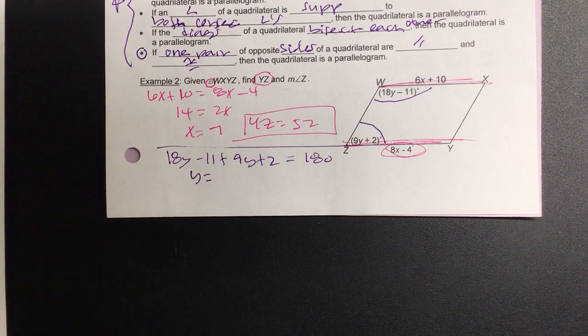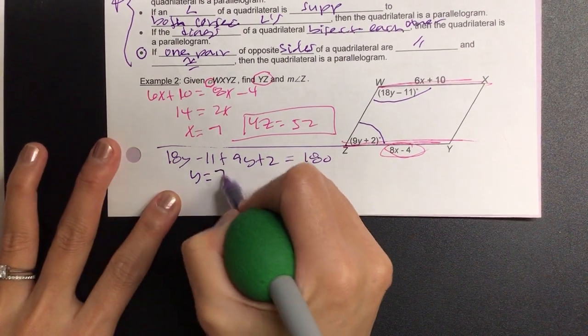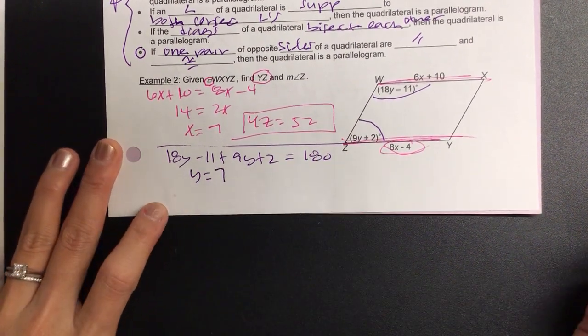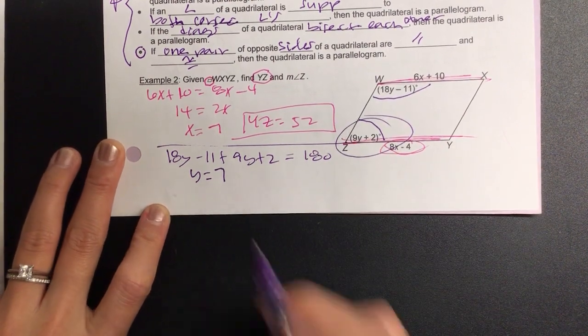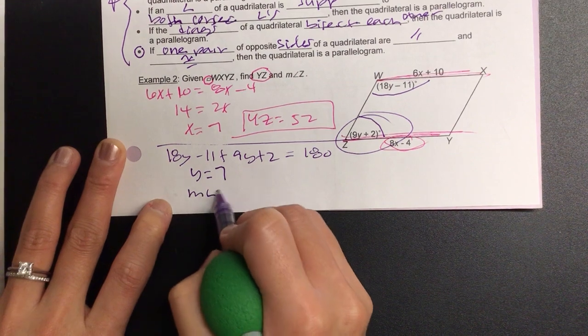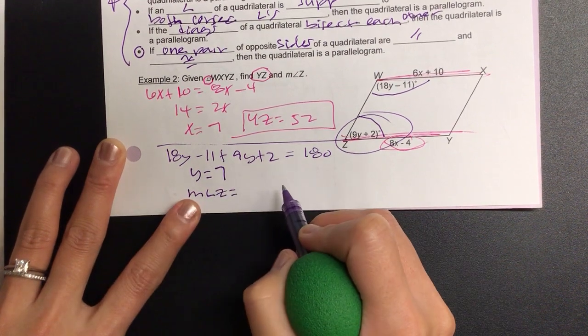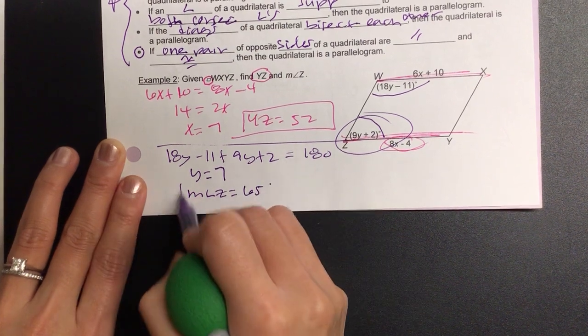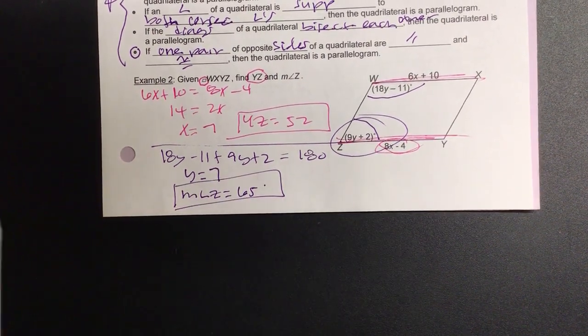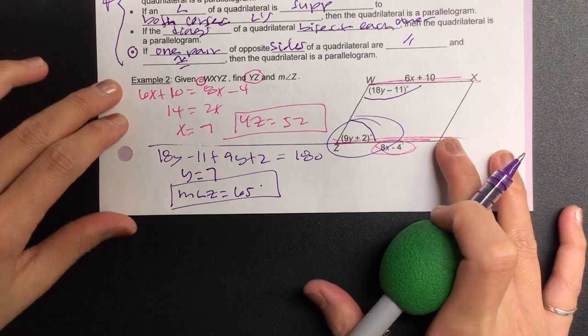How many? 7. And that's coincidence. They're not always the same. So it says to find angle Z. So when I plug in 9 times 7 plus 2, how many does that give us? 65. Very good. And we're looking at the angle, so degrees. Okay, so far so good?